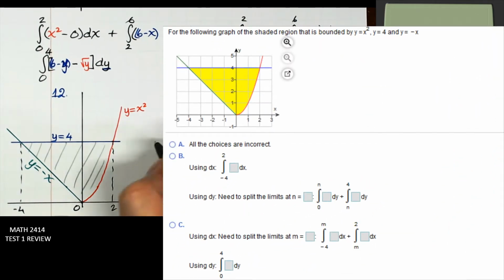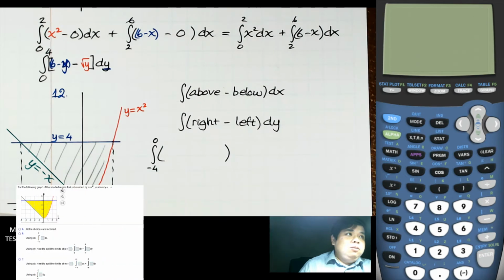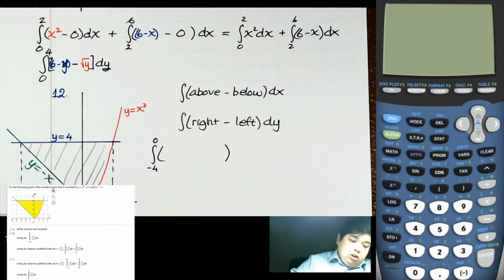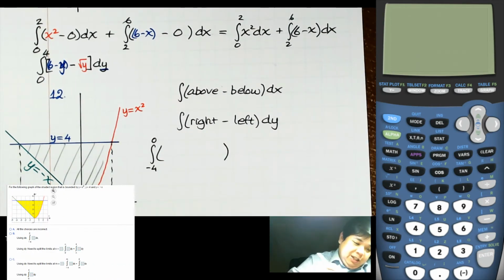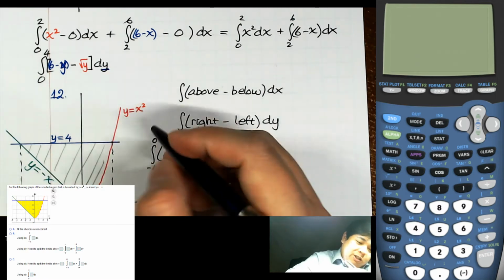Right, so we go from negative 4 to 0. The function above is 4.